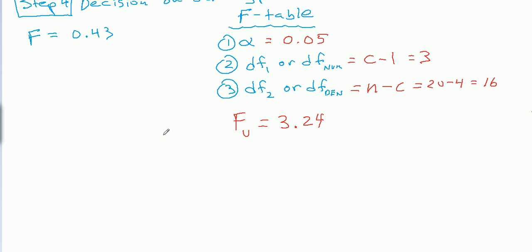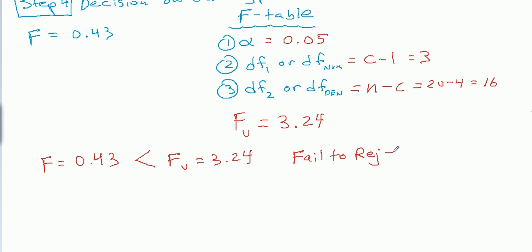Our final step is to compare these two, so let me write them next to each other. Because we did all this hard work, let's make a nice organized final decision. We see clearly that F is less than FU. And we know that if F is less than FU, we fail to reject the null hypothesis.